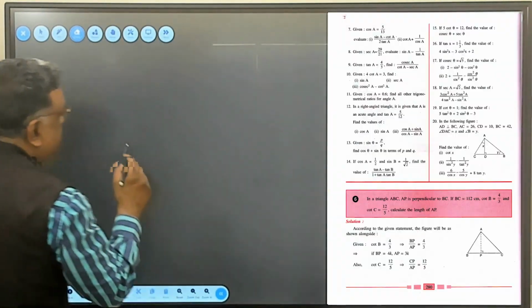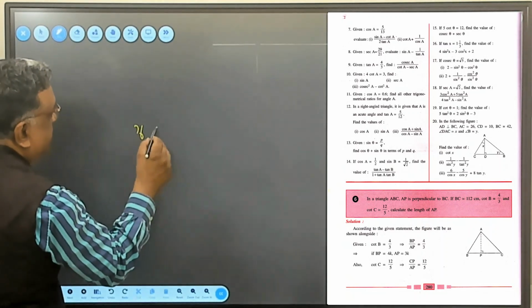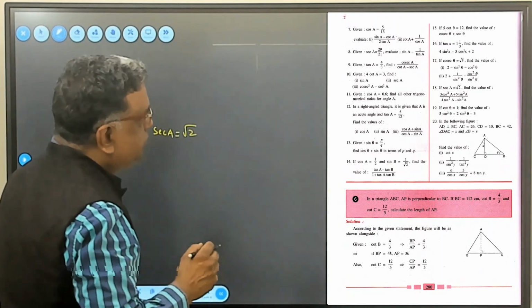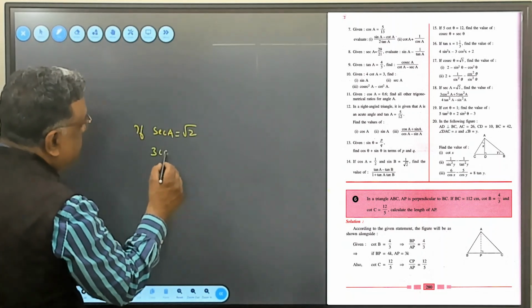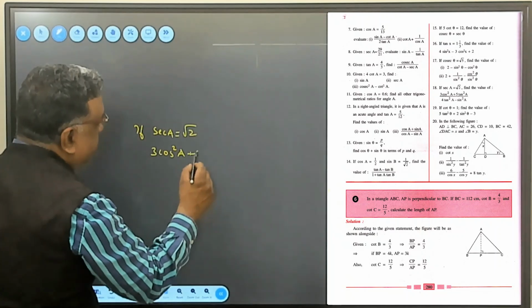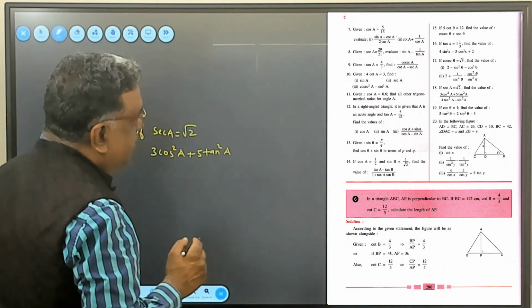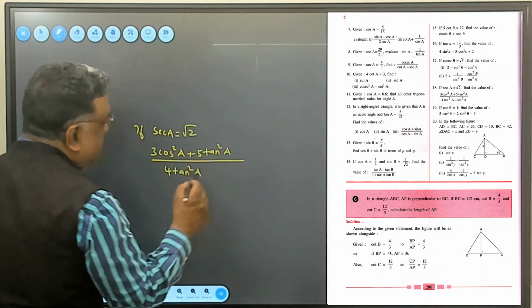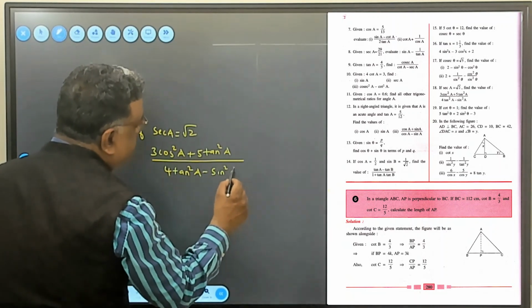If sec A is root 2, find the value of 3 cos square A plus 5 tan square A upon 4 tan square A minus sin square A. Correct?